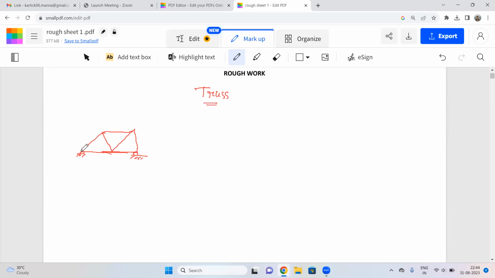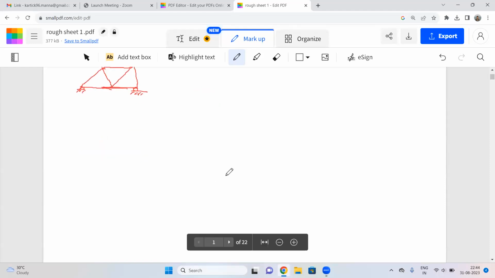Pin jointed, why? Because all these joints are pin joints. So what we'll do, we will solve a truss problem for one question through which we'll learn how to solve.